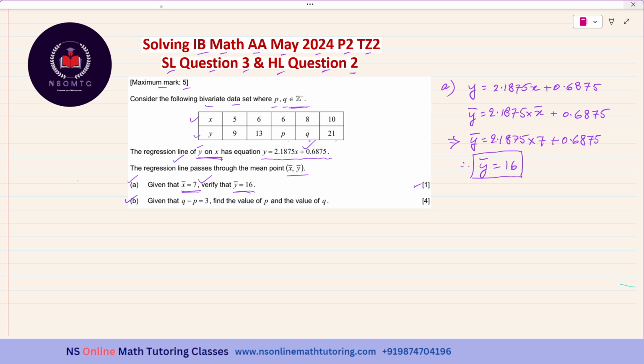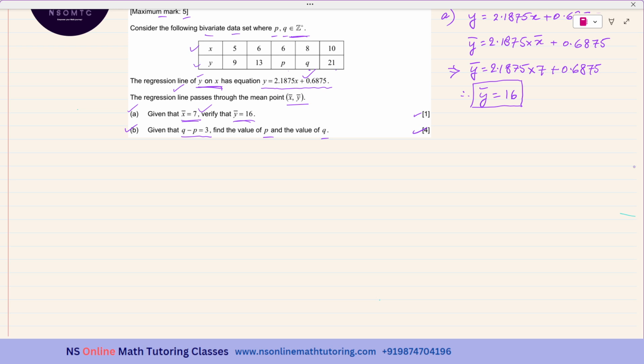Subpart B, given that Q minus P is equal to 3, find the value of P and the value of Q, containing 4 marks. So we are seeing the Y values are 9, 13, P, Q and 21. What will be the mean value of Y? We have just now found the mean value of Y, so this is equal to 16. So this should be equal to 9 plus 13 plus P plus Q plus 21, divided by 5, as there are 5 data values.